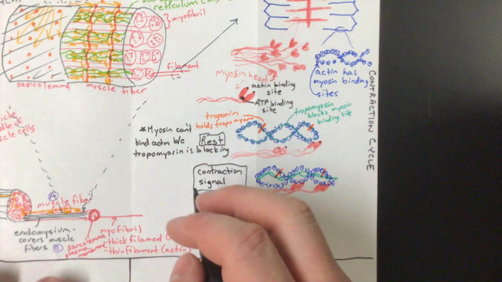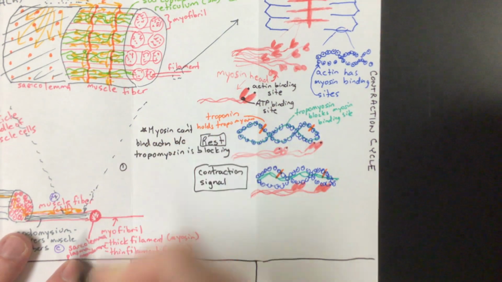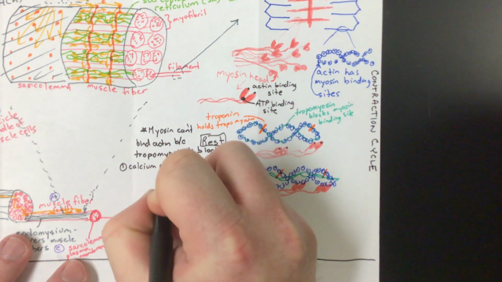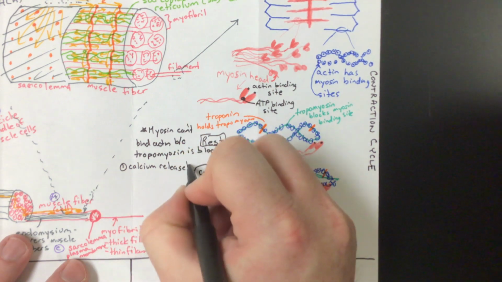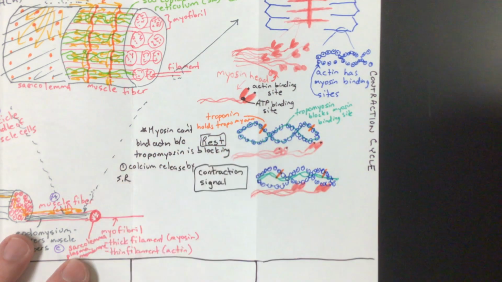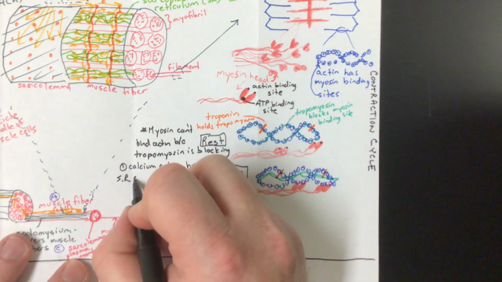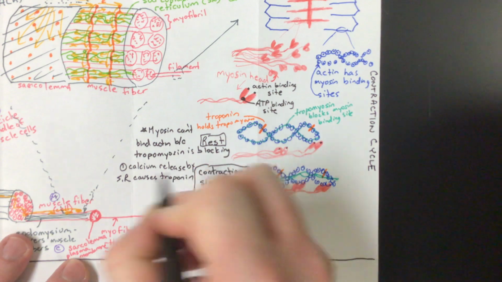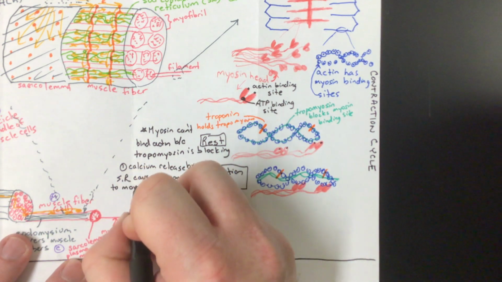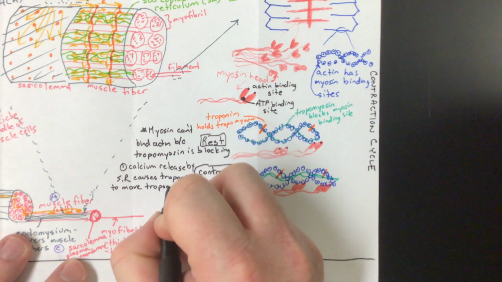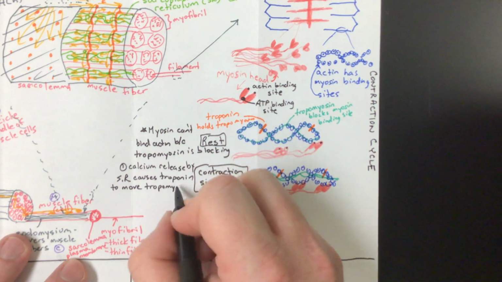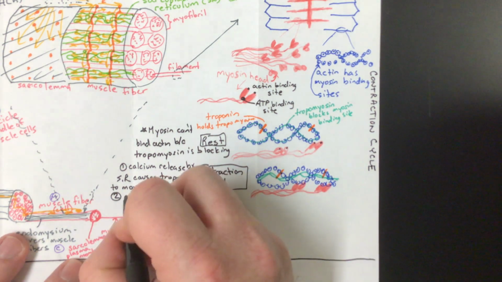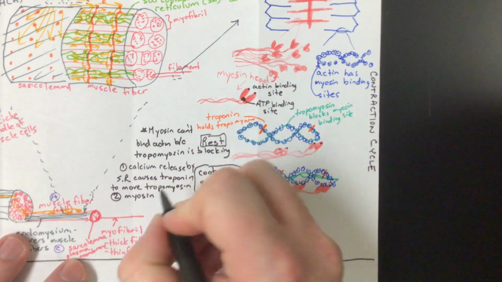So here's what happens in this step. First, calcium release by the sarcoplasmic reticulum. It causes troponin to move tropomyosin. And then second of all, the myosin head can now bind actin.